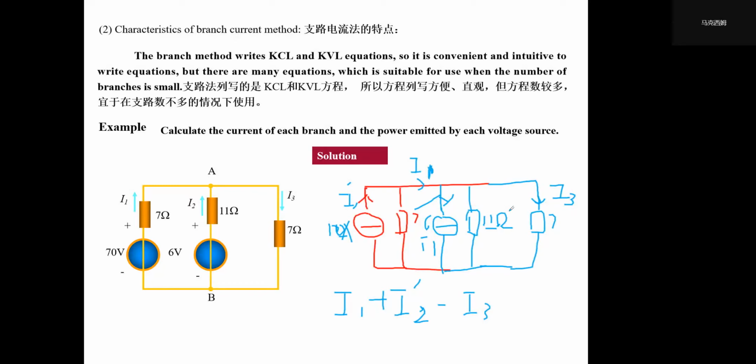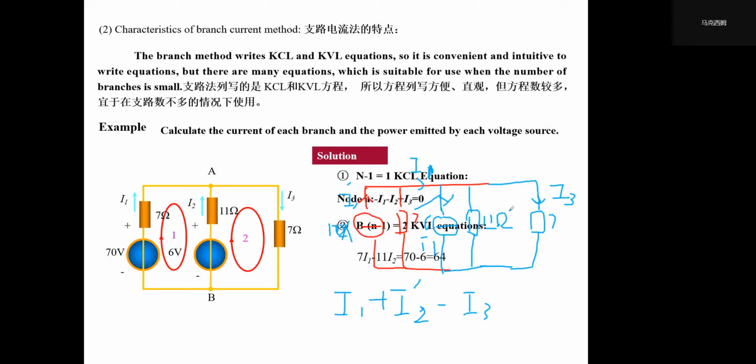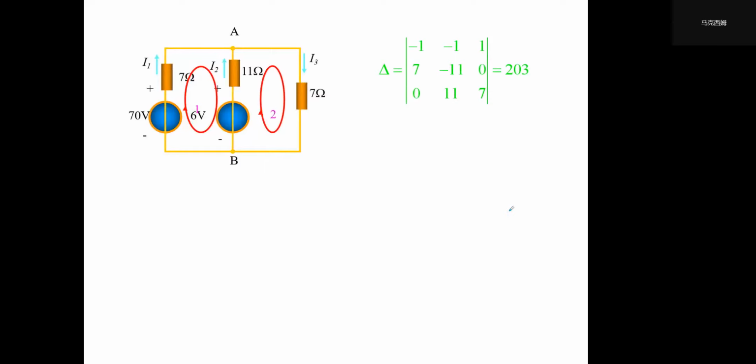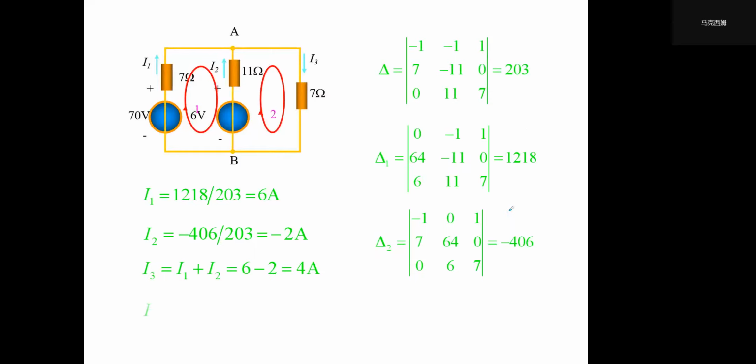So this is another trick we learned from last lecture, and it's better than this kind of calculation. But both methods are okay. If you are familiar with one method, you can solve it one way or another.